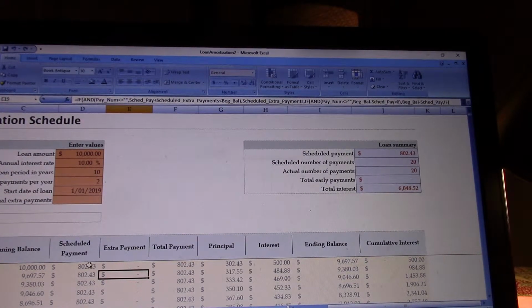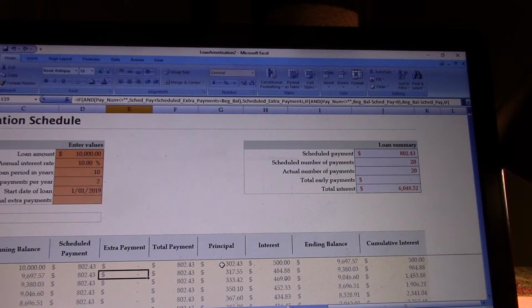The scheduled payment is always the same every period, so it's a fixed payment with no extra, and the total payment equals the scheduled payment. The principal is how much, after taking out the interest charged by the bank, went to the account to reduce the debt.